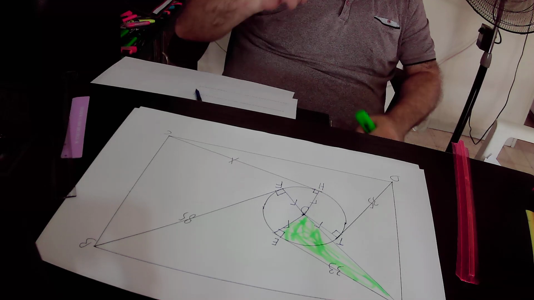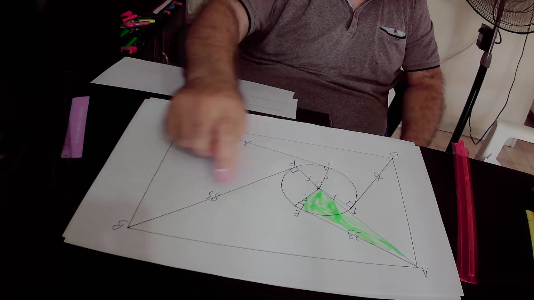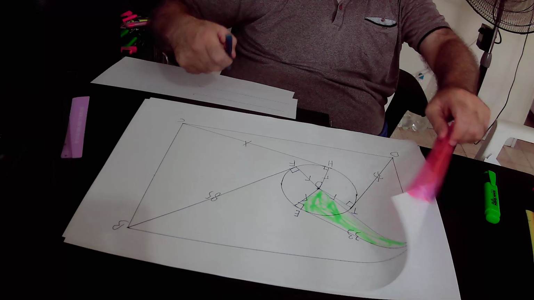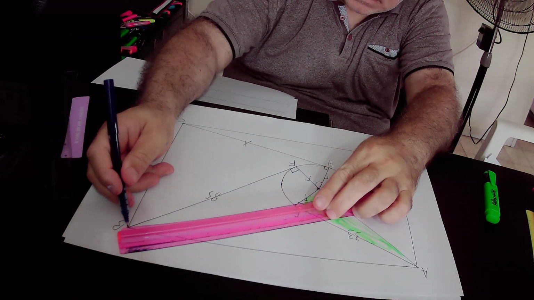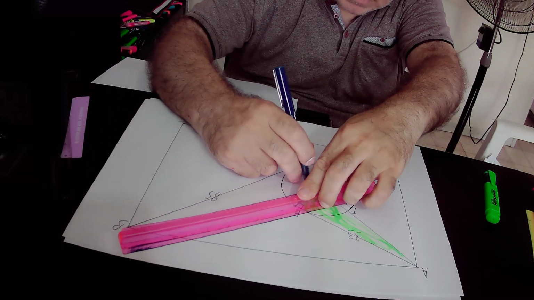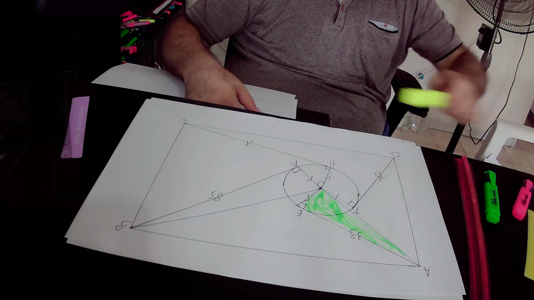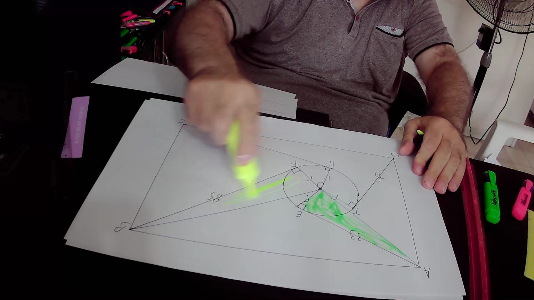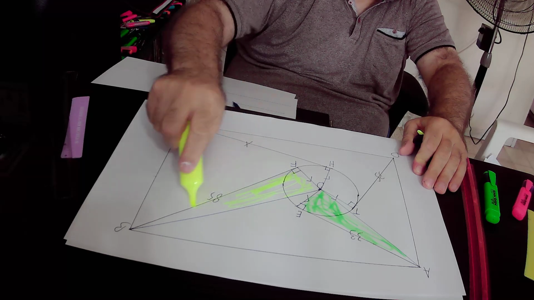In the next step, we'll join points B and O together by a straight line. And we'll implement the Pythagoras theorem on the yellow green triangle BOF.